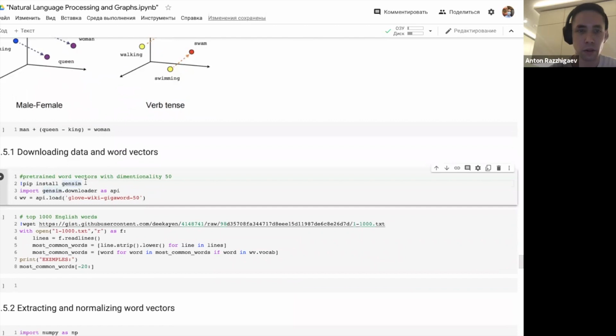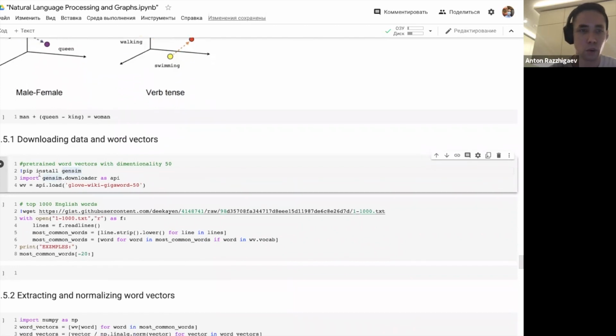We can install GenSim through pip, then import downloader API, through which we can download lookup table for pre-trained word embeddings on this data set. This number means that these vectors will have dimensionality of 50.